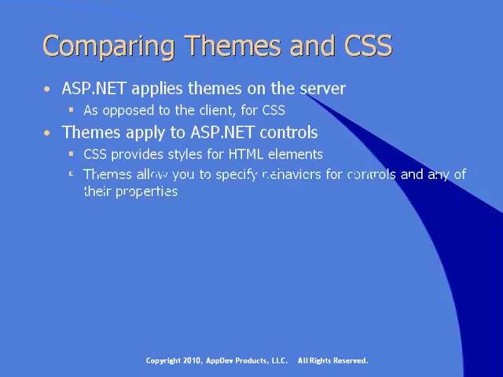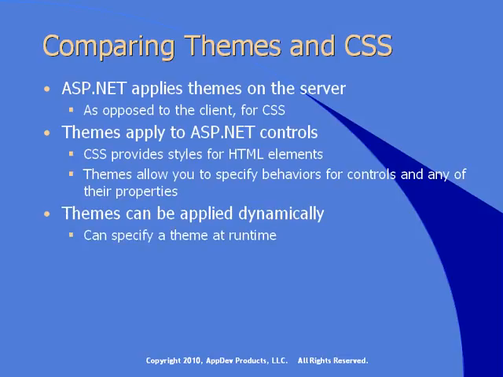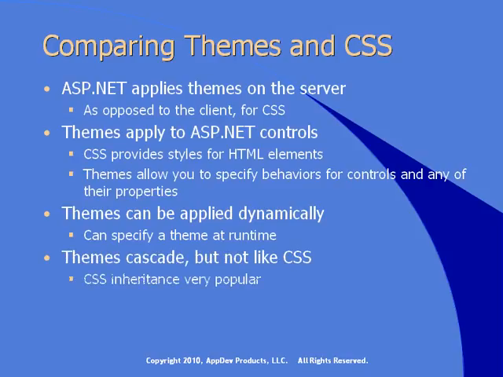Themes allow you to specify behaviors for controls and any of their properties, even those that have nothing to do with HTML elements. Themes can be applied dynamically. You can specify a theme at runtime. Try that with CSS. Themes cascade, but not quite like CSS.